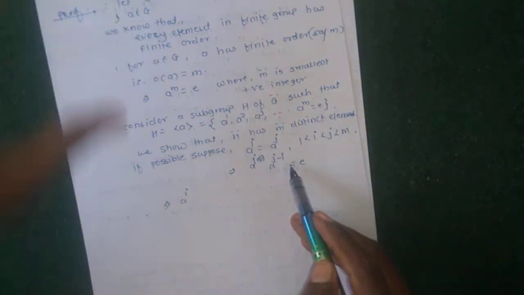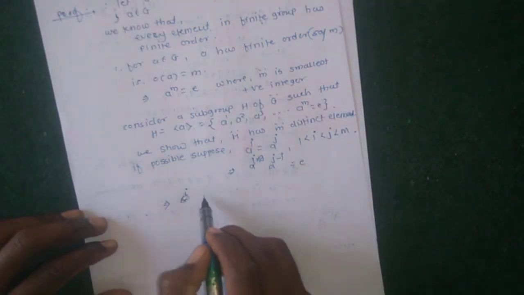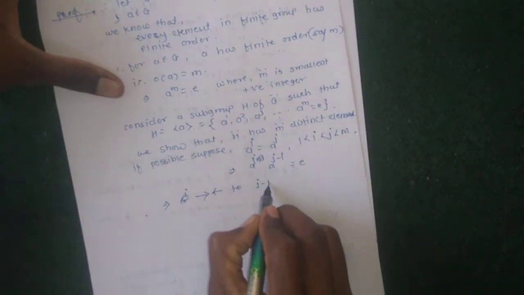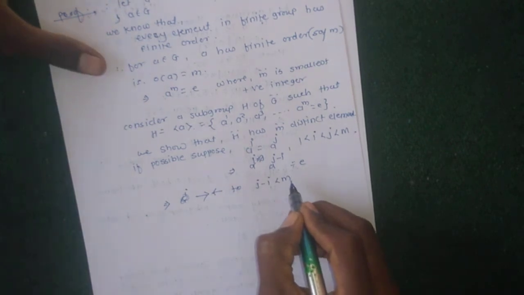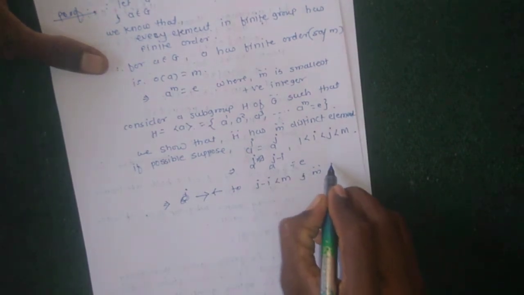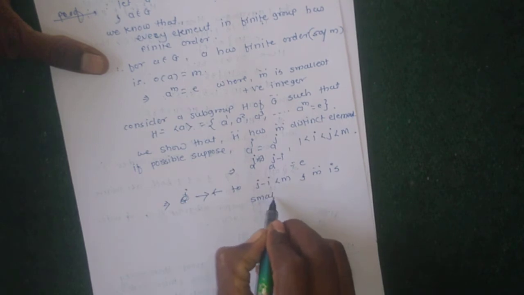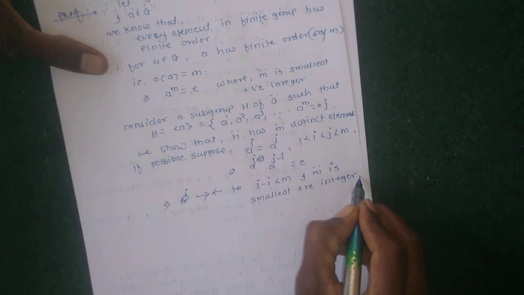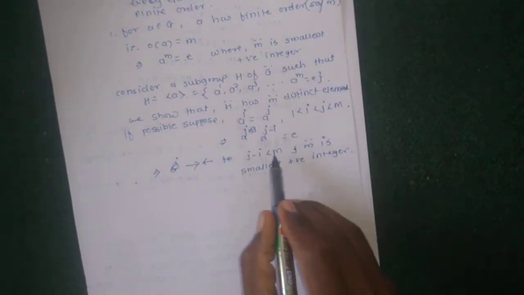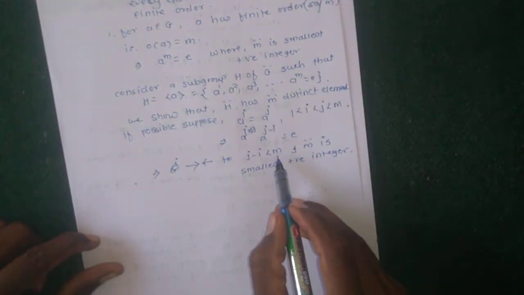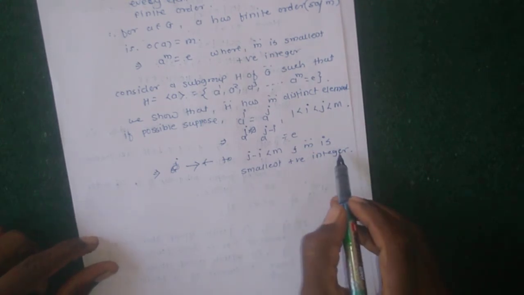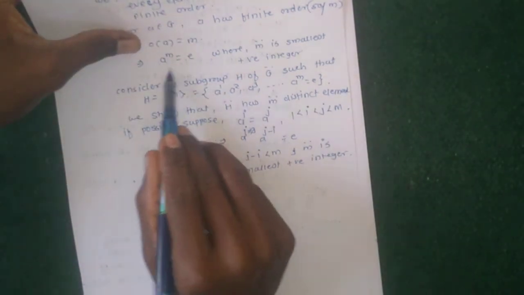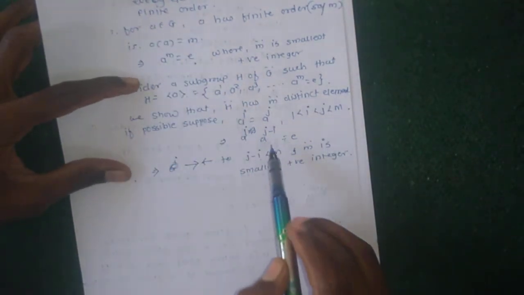Here j minus i is less than m, which is a contradiction to m being the smallest positive integer such that a raised to m equals identity.